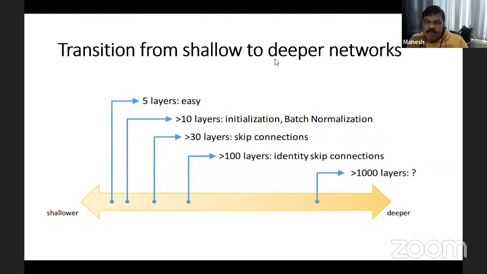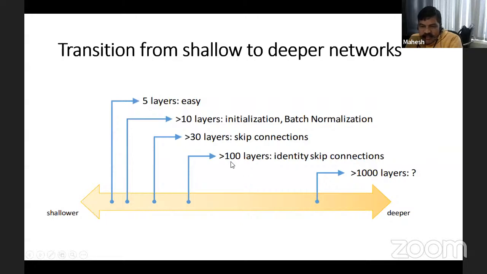So this is about the number of layers. How many layers should we use? Initially, researchers started using less than 5 layers. That model we call a shallow model. If the number of layers is more than 10, then we have to do batch normalization or an initialization process. If layers are more than 30, then we have to use skip connections. We will discuss all those things.